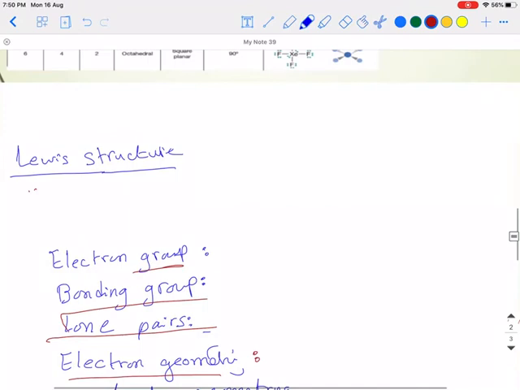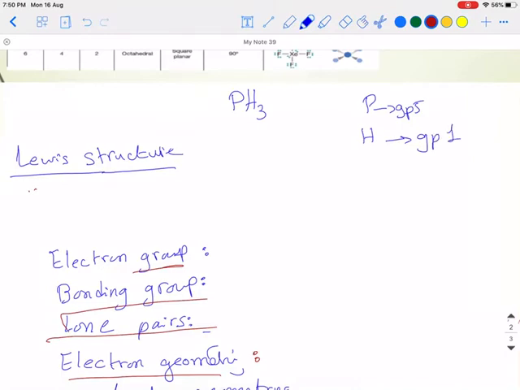Okay, PH3 molecule, as usual, let us first of all draw it according to Lewis. Phosphorus belongs to group 5, so it has 5 electrons in the valency. Hydrogen belongs to group 1, so it has 1 electron in the valency. Let us count the valence electrons for the molecule: 5, and 3 times 1, so 8 electrons.